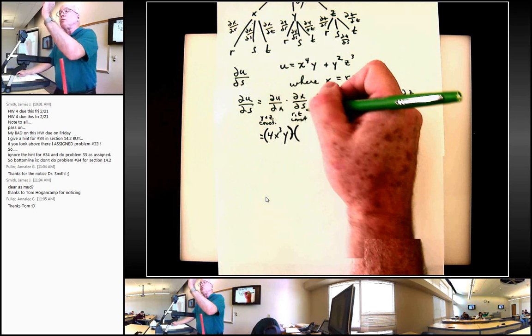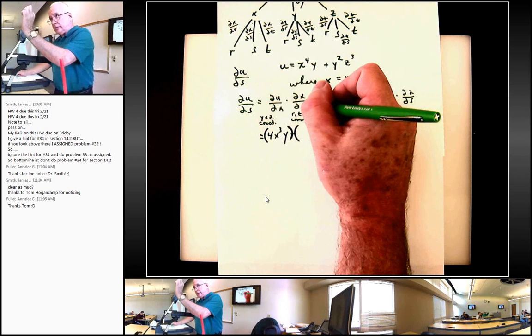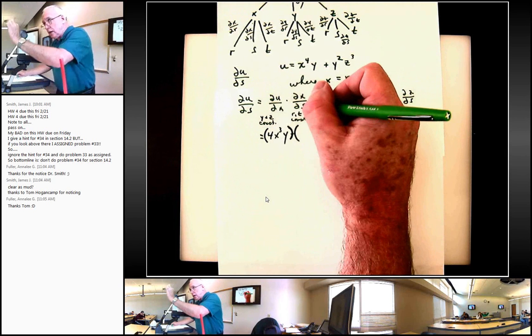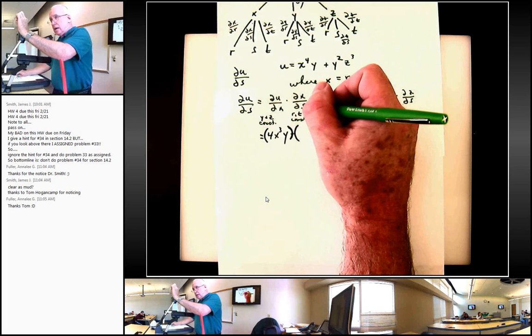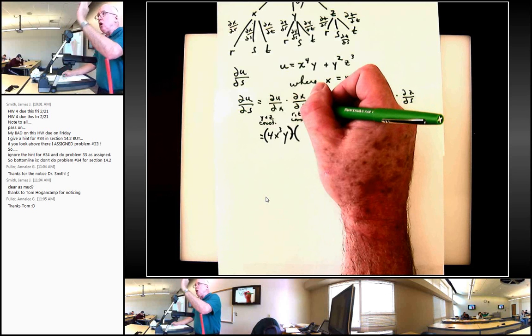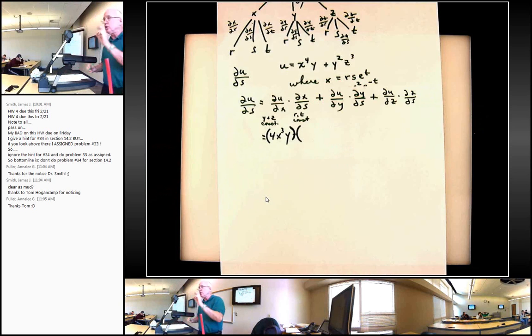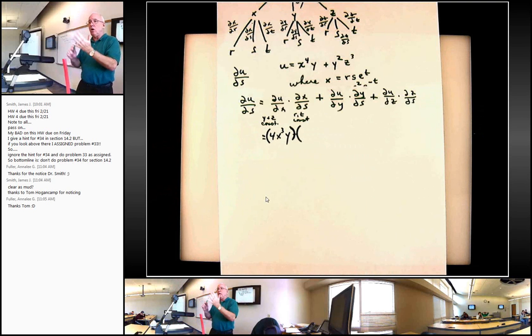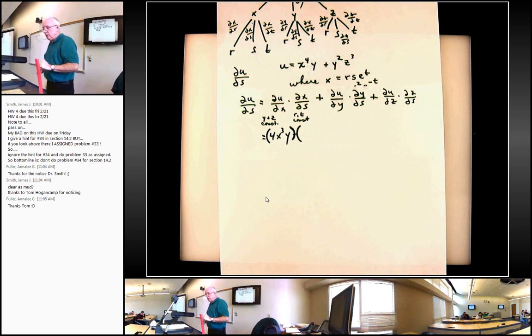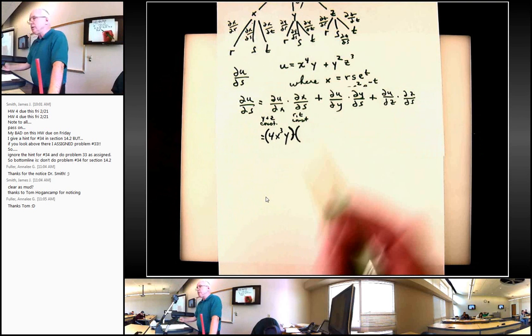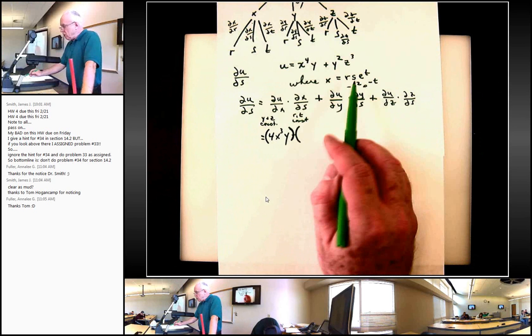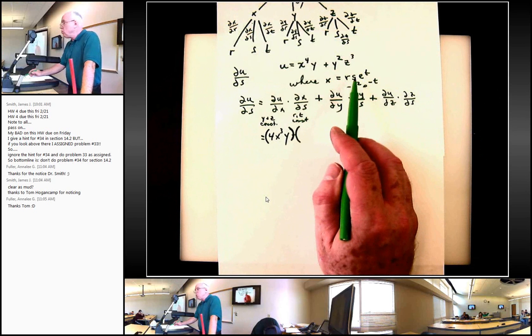Okay, we're doing the derivative with respect to S. So the other two stay constant. You've got to be careful. R and T will be constant because we've got three variables here, R, S, and T. So we look at this thing, R, S, e to the T. S is our only variable. So R e to the T. S goes to 1.